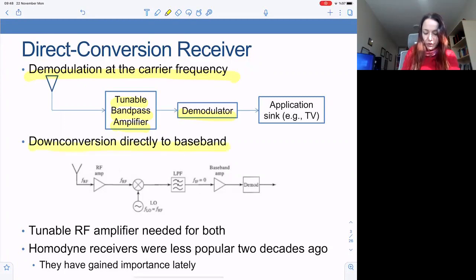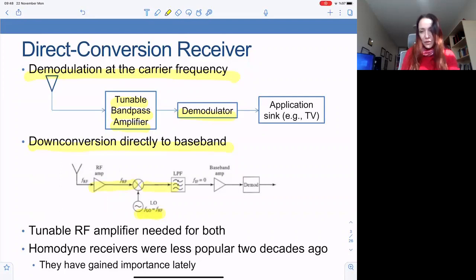Another idea is down conversion directly to baseband. And this is sort of like a more modern approach. You use an RF amplifier and a local oscillator frequency to bring the signal down to baseband.